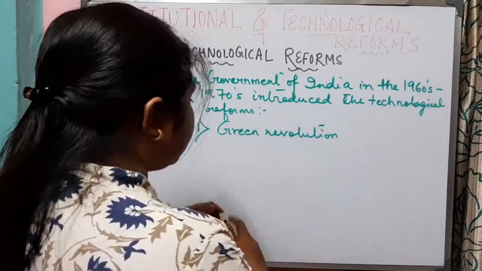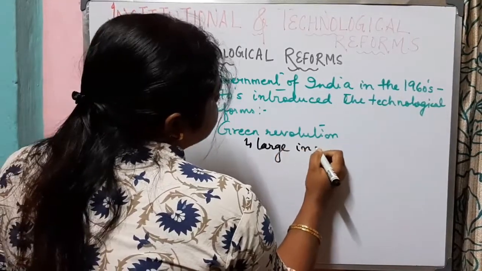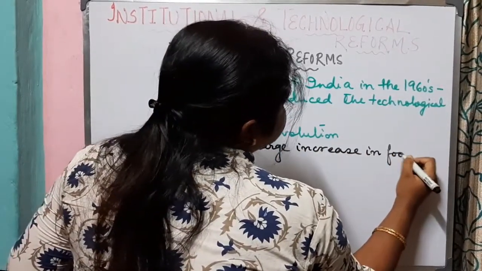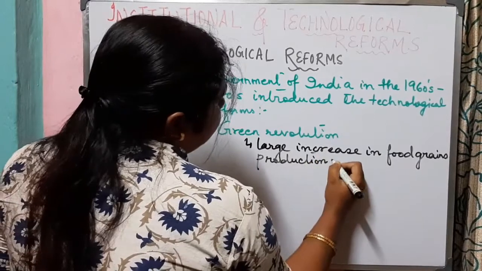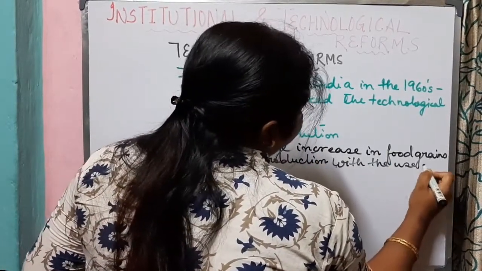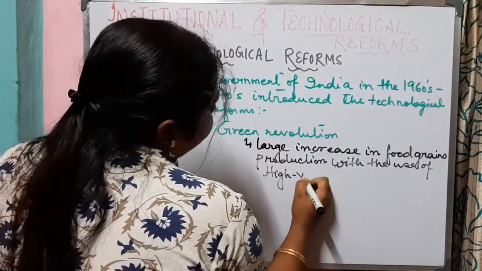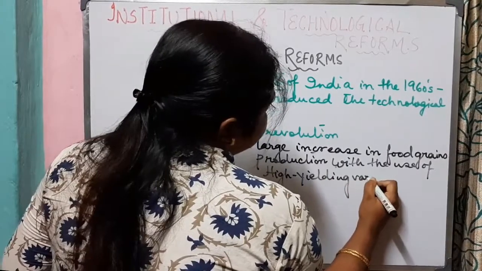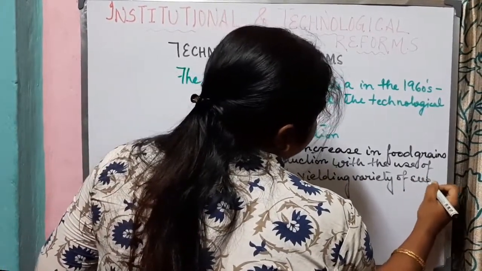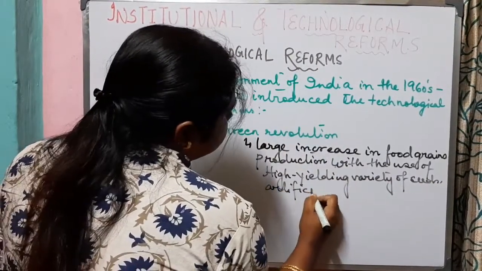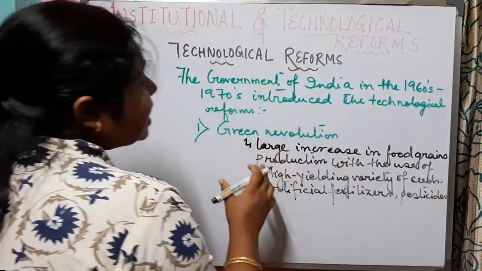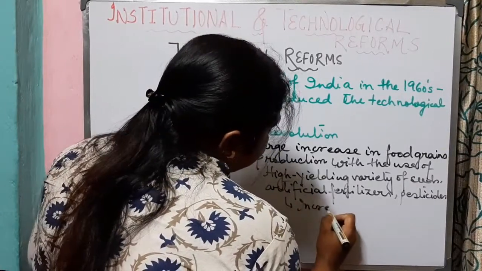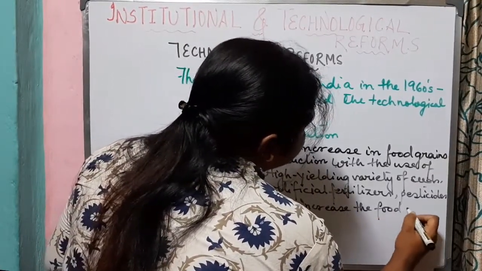Green Revolution is referred as the large increase in food grains production with the use of high-yielding variety of seeds, artificial fertilizers, pesticides, and this helped to increase the food grain production.